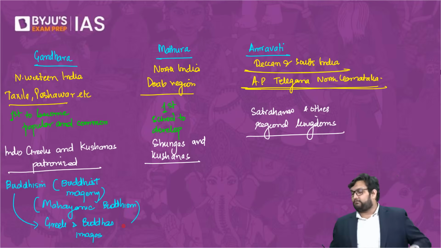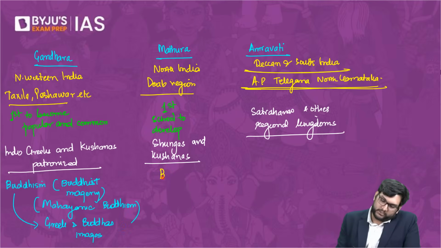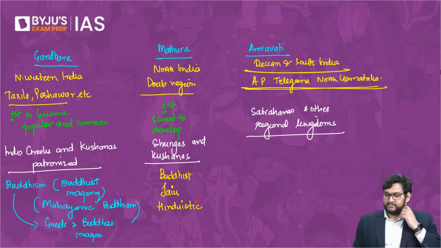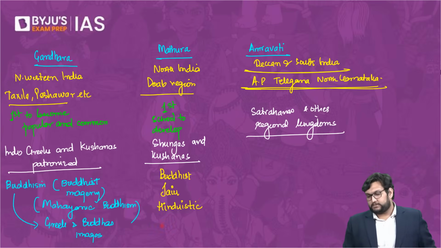Whilst on the other hand, Mathura is Buddhist, Jain, Hinduistic, and last but not the least, secular imagery or related to political images.